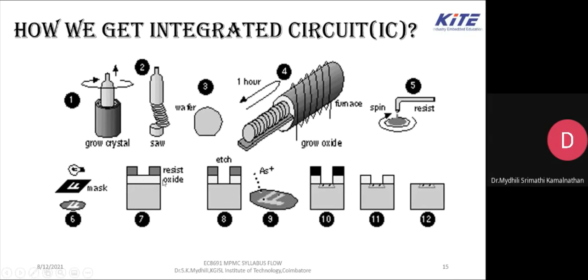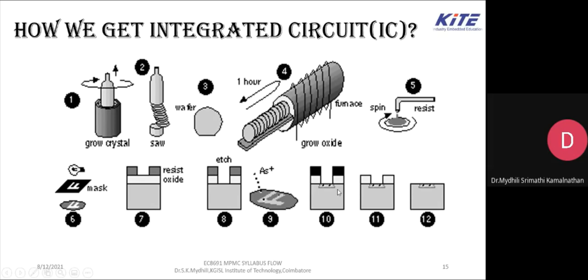So whichever area you want, at that place, I want some transistor to be implemented on this, then I will oxidize this, and what happens here is we will go for the masking of that particular area, and we will pour some material, that is resistive material, over it, and in that way the process gets repeated for a particular circuit, and finally you will get the ICs. So this is the IC we will get.